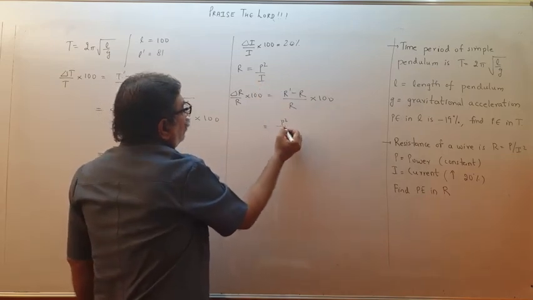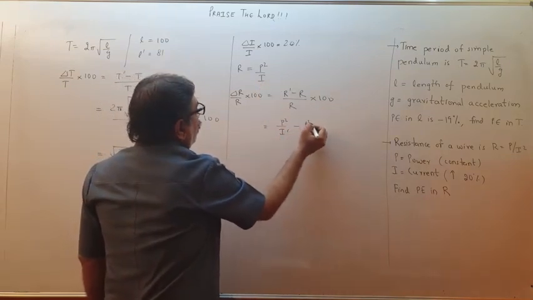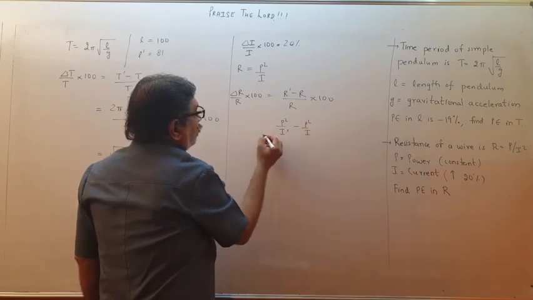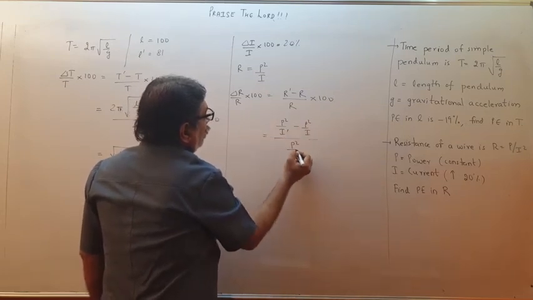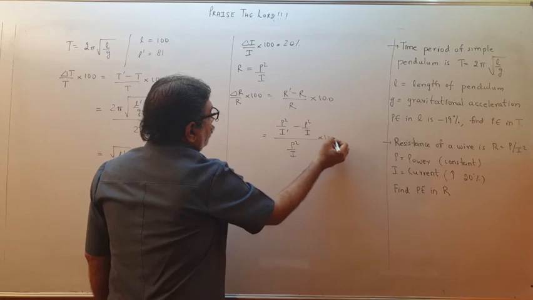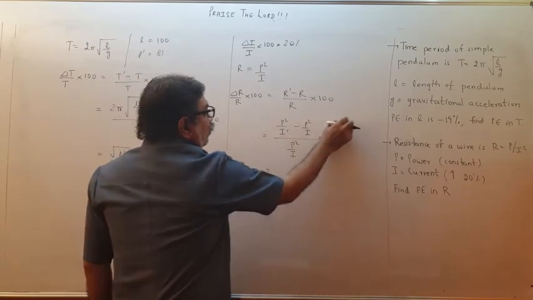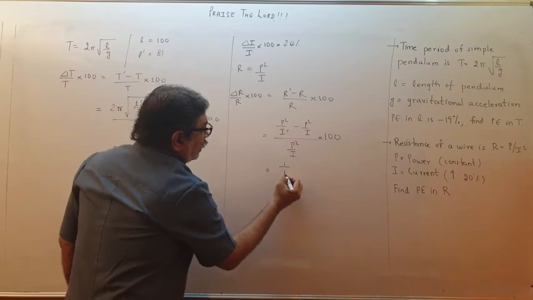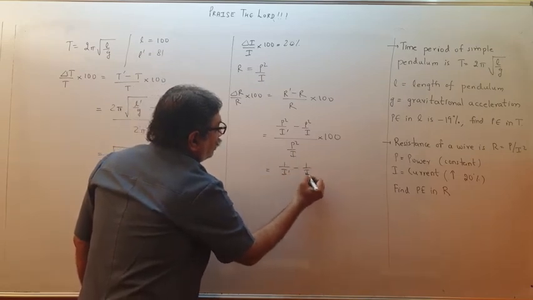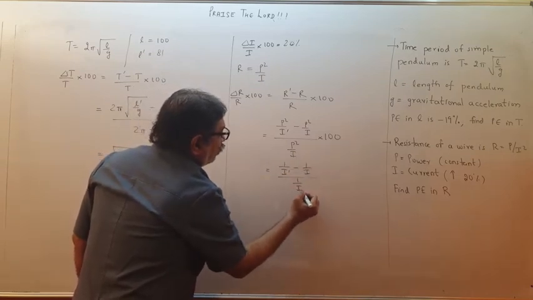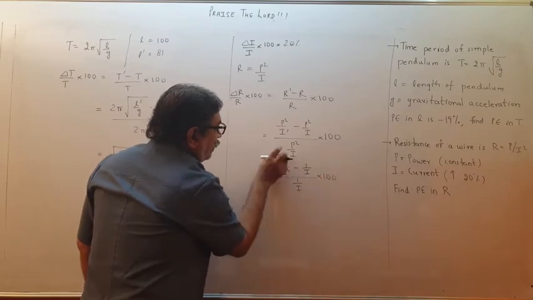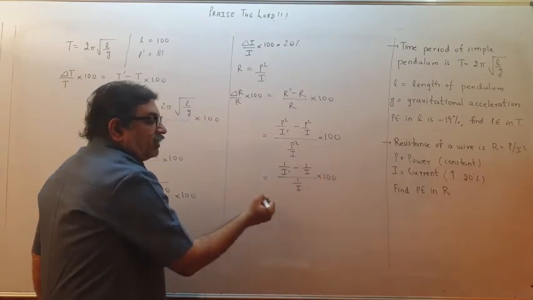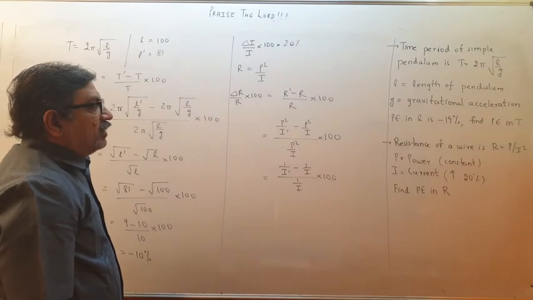So I write (P upon I'² minus P upon I²) upon P upon I² into 100. See, P gone from all. So this becomes (1 upon I'² minus 1 upon I²) upon 1 upon I² into 100.